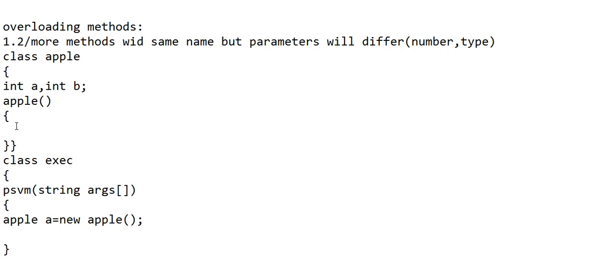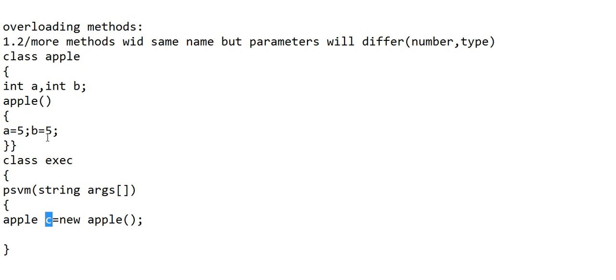I'll initialize a equal to 5, b equal to 5, so that when object c is created, it will have two instance variables a and b, with a having a value of 5 and b having a value of 5.